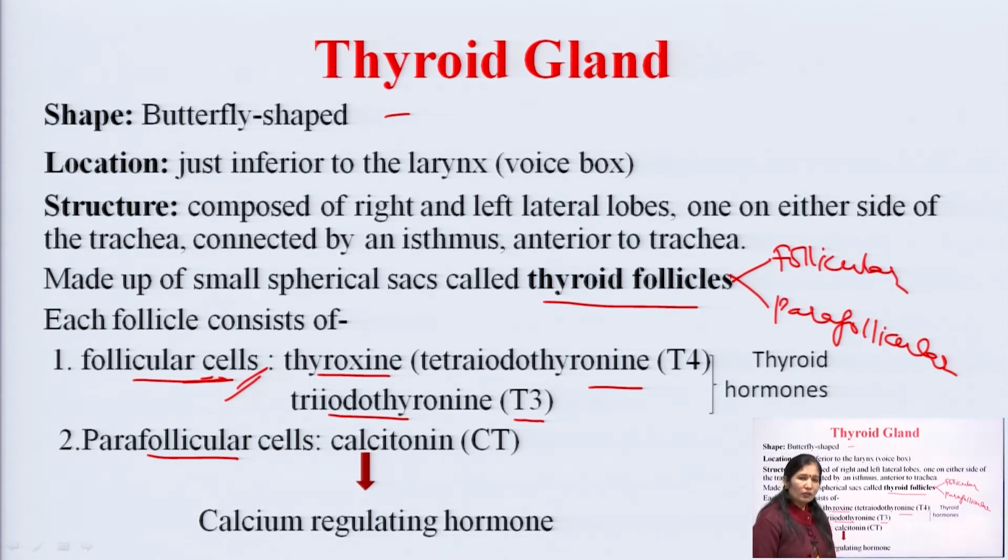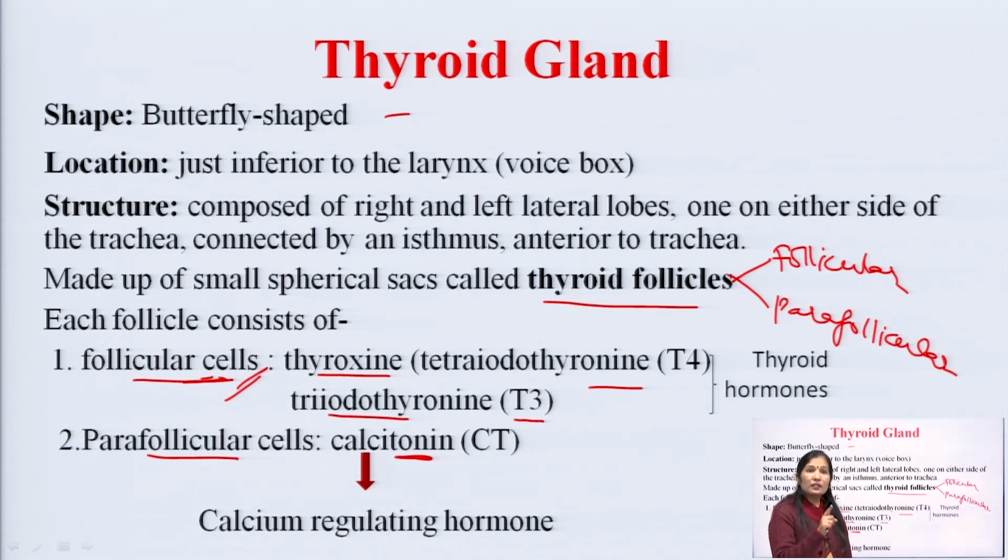And the parafollicular cells, which are few in number, synthesize and secrete the calcitonin hormone, and this calcitonin hormone regulates calcium. So, T4 and T3 are thyroid hormones secreted from the thyroid gland by follicular cells.